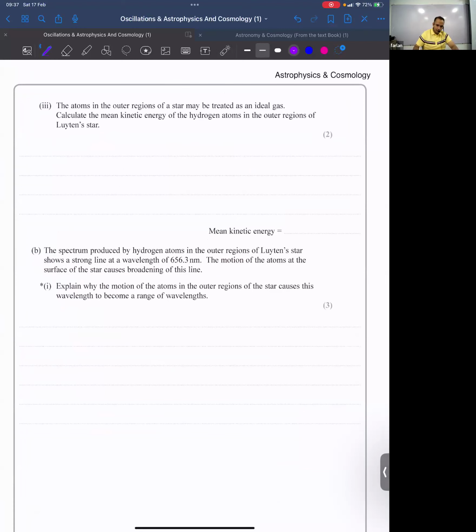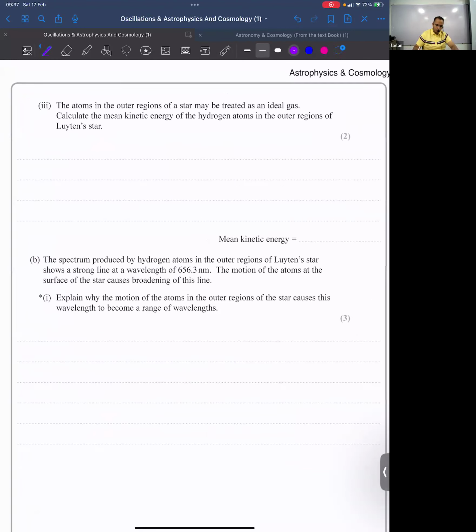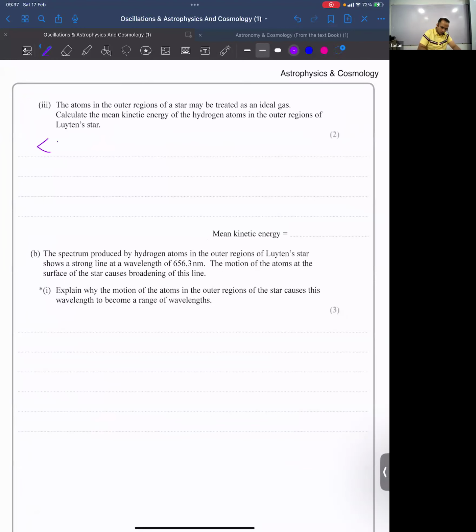So mean kinetic energy Ek is equal to 3/2 kT, right? Where k is a what constant? Boltzmann constant.